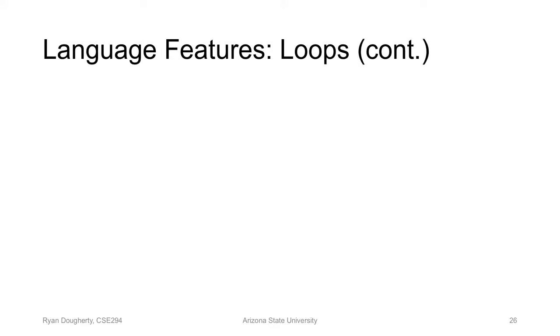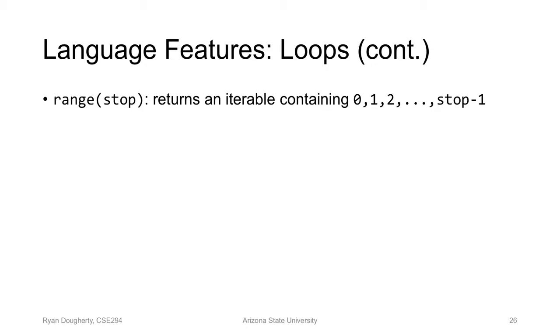I don't want to do that. So what's another way? Another way is called range. What range does is basically it makes that list for you in a slightly more efficient way. It returns an iterable from 0 up to the parameter that's passed in.